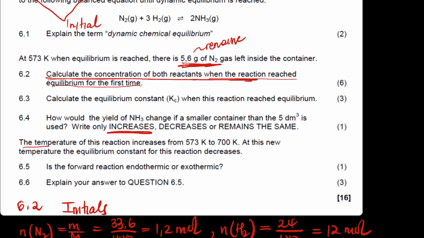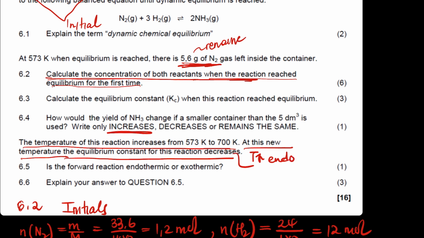Now it says the temperature of this reaction increases from 573 to 700 Kelvin. At this new temperature, the equilibrium constant for this reaction decreases. So we know when the temperature increases, it favors the endothermic reaction, right?